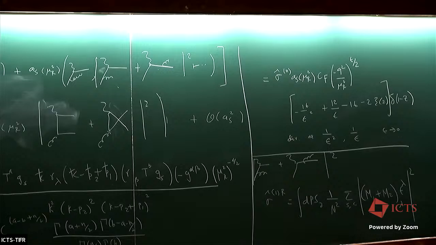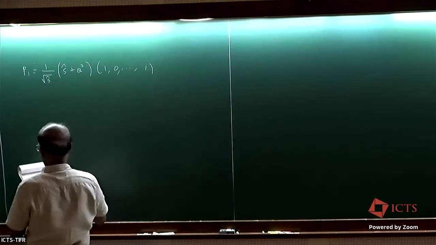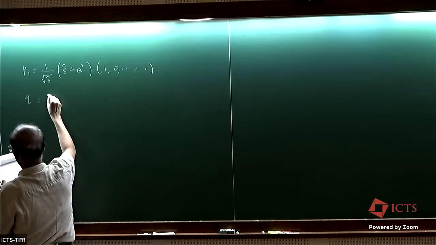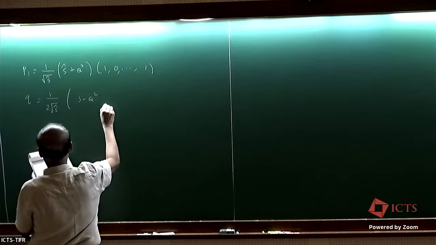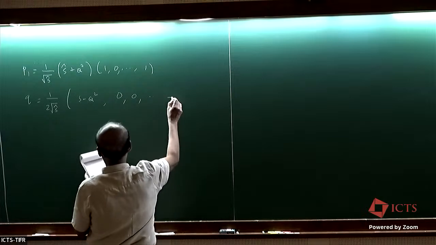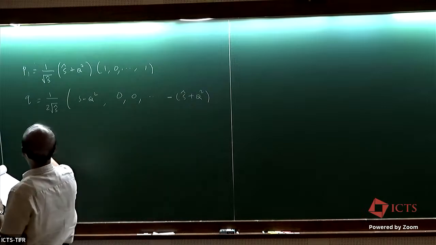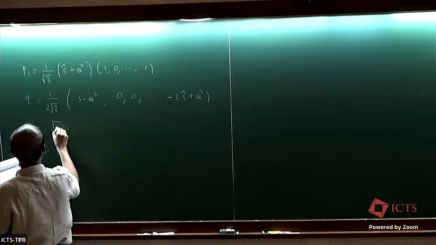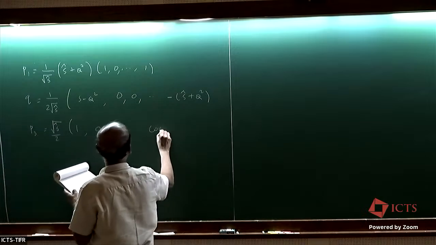For example, the incoming parton you parameterize with S hat plus q square times (1, 0, 1), and then this momentum q you can parameterize as square root of S hat S minus q square, (0, 0, minus S hat plus q square). This is just a two body phase space parameterization. P3 you can parameterize as S hat by 2 times (1, 0, cos theta).